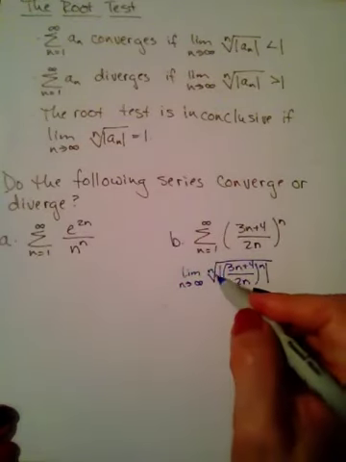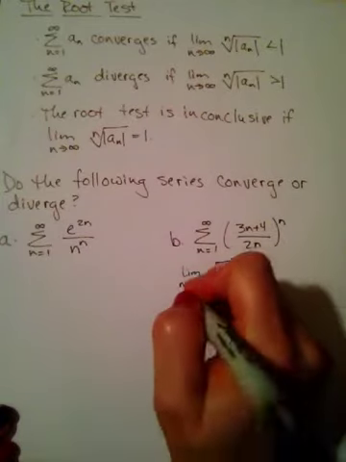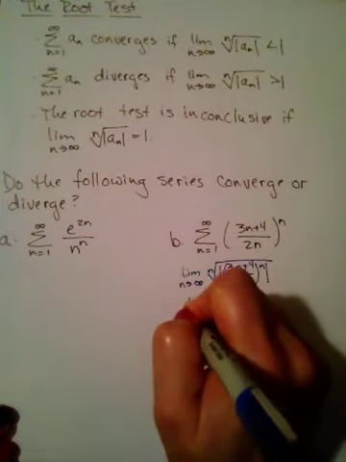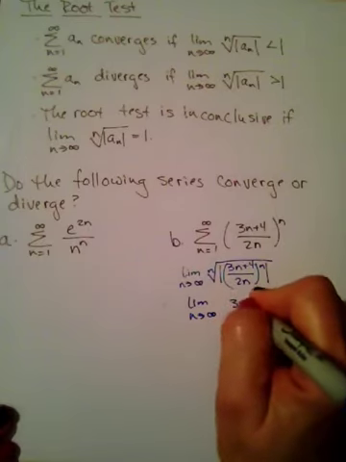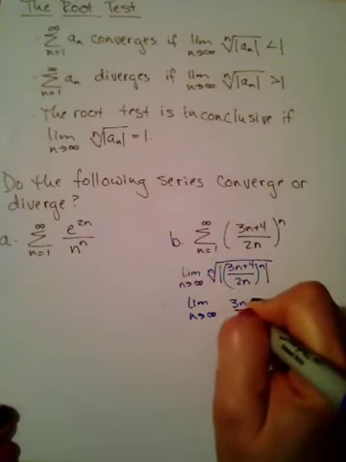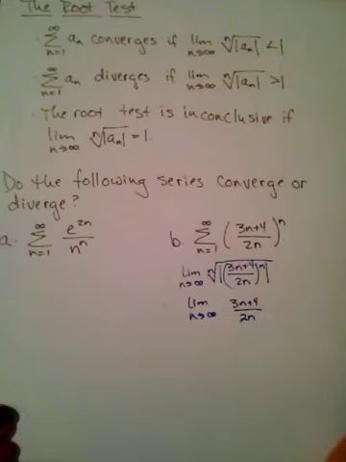And I want to know what that is. The nth root of something to the n cancels out. So I'm doing the limit as n approaches infinity of 3n plus 4 over 2n.